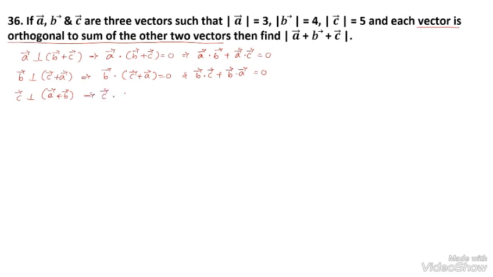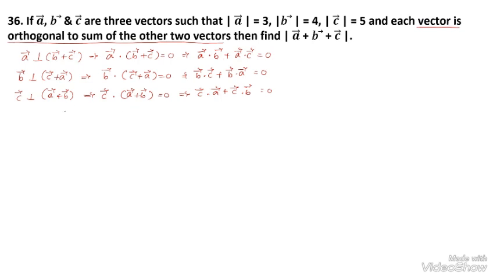Then vector C dot (vector A plus vector B), I can simply write as vector C dot A plus vector C dot B becomes 0. Here vector A dot B and vector B dot A are both equal.